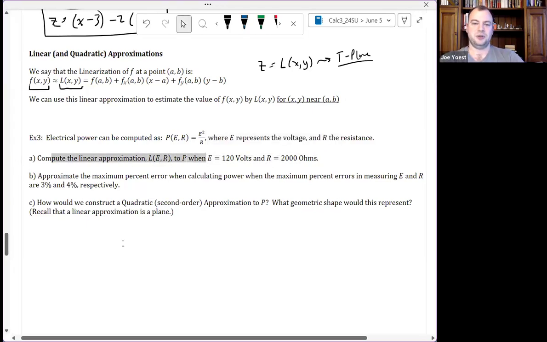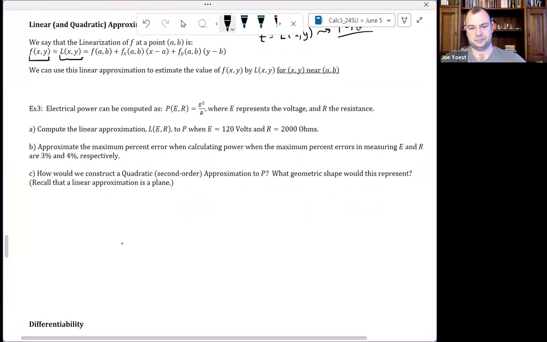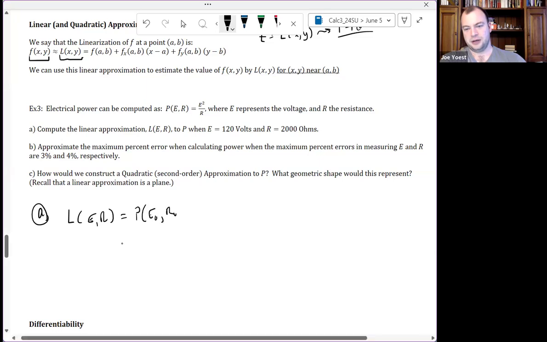So first, let's compute the linear approximation, L(E,R). And we're going to do this in general. So my linear approximation is going to be P(E₀,R₀).